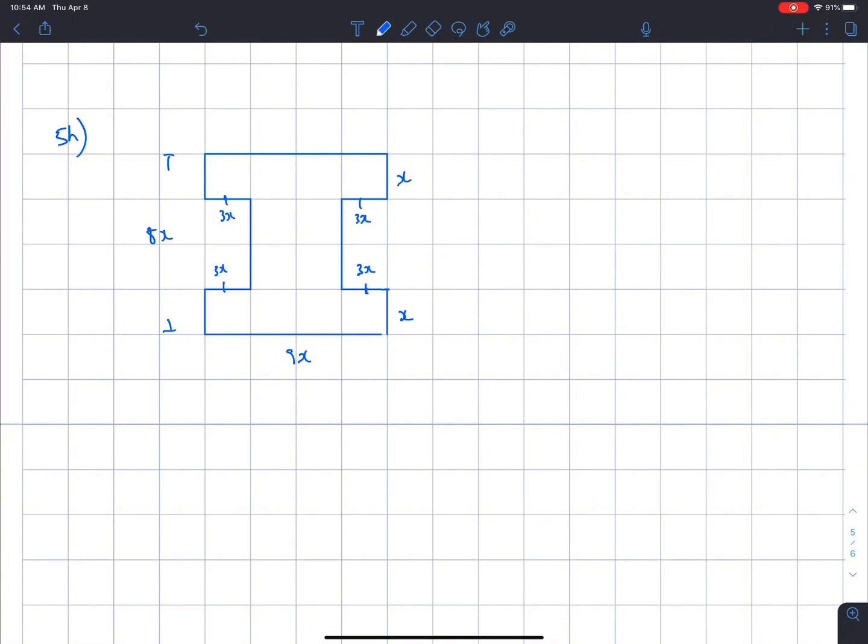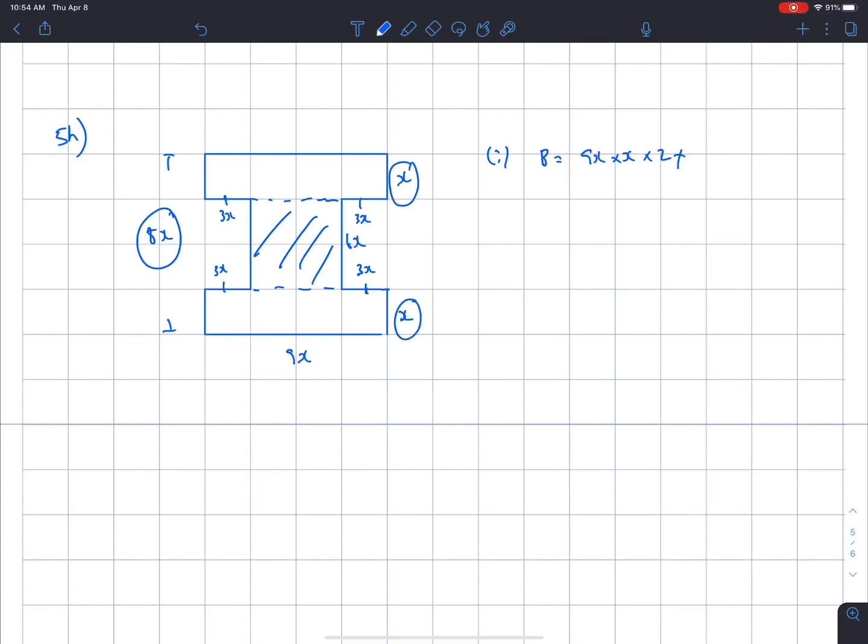So the base area consists of 2 equal rectangles, these 2. They are just 9x times x, right? And the middle piece, this piece right here. If this is 9x, and this is x and x, so 9x minus 2x, we should get 6x here.